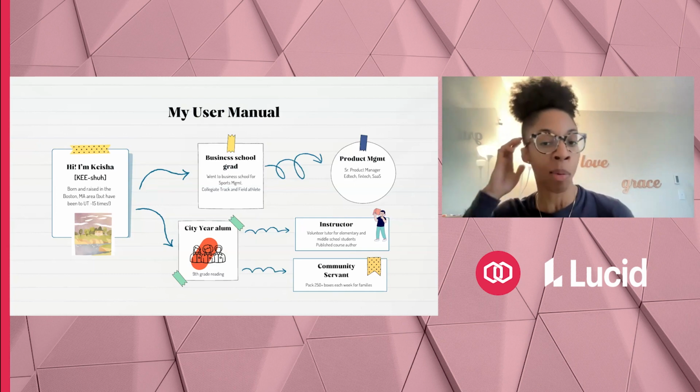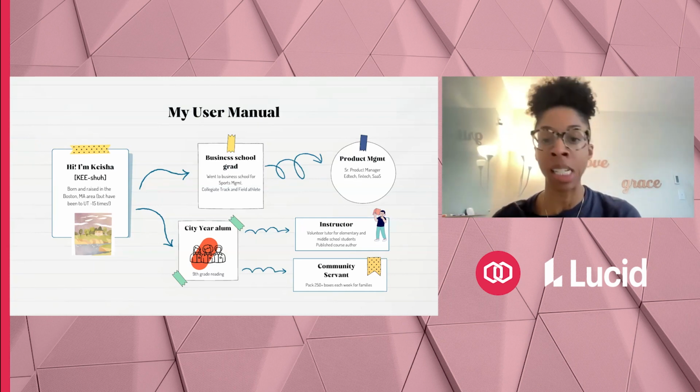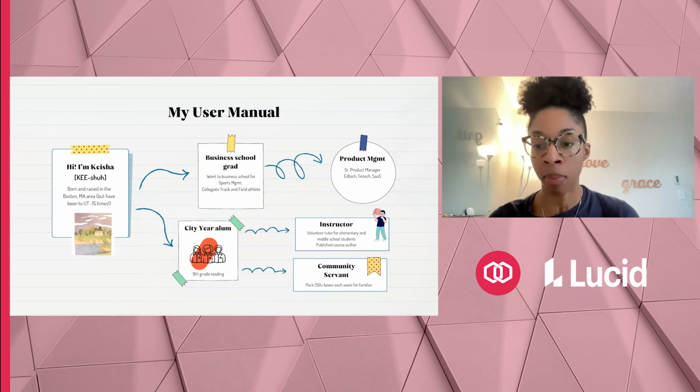So like I said, now I'm a product manager. I have worked in ed tech, and I've also worked in fintech and SaaS, so I've kind of been in all of the places. But again, I want to continue the work in education. I have tutored in the past, and I've also published some product management courses in an effort to help other people upskill in their journey.